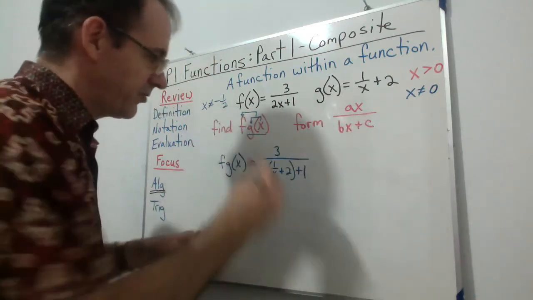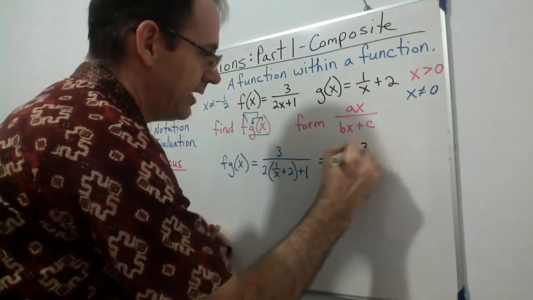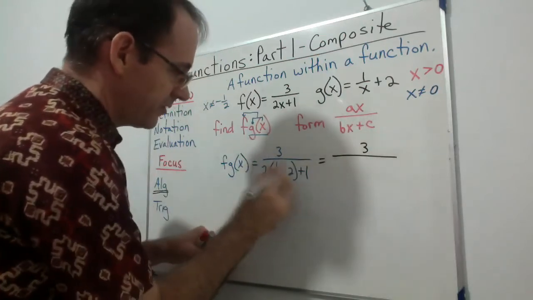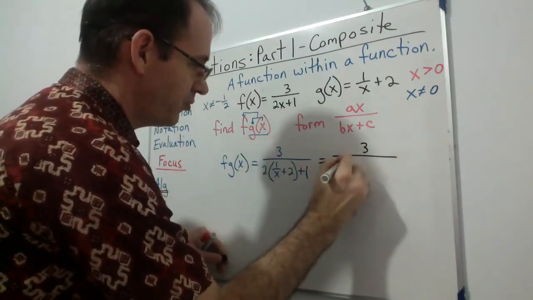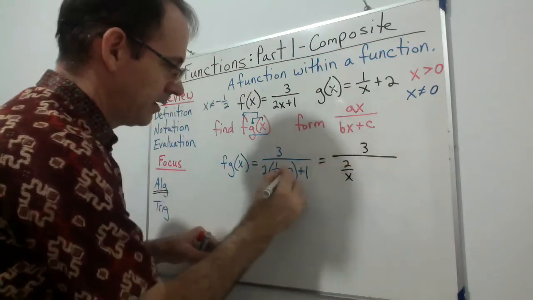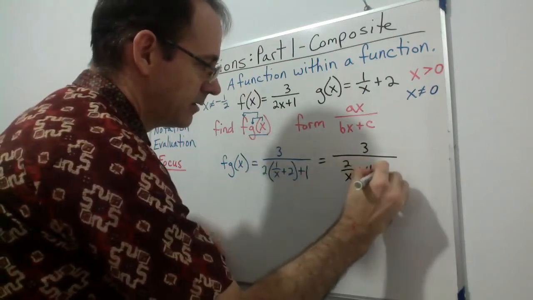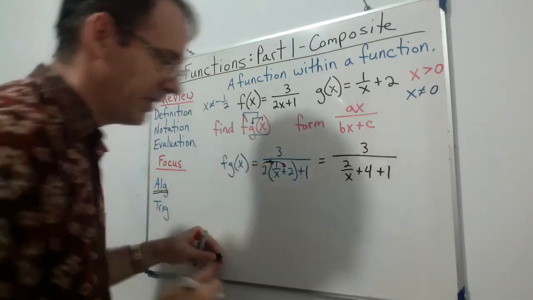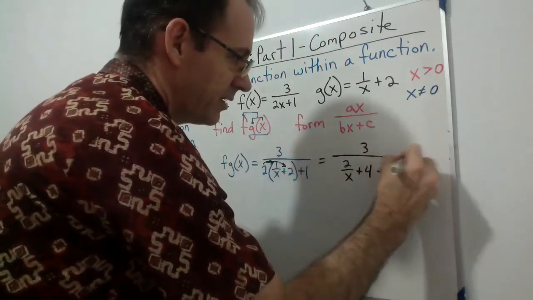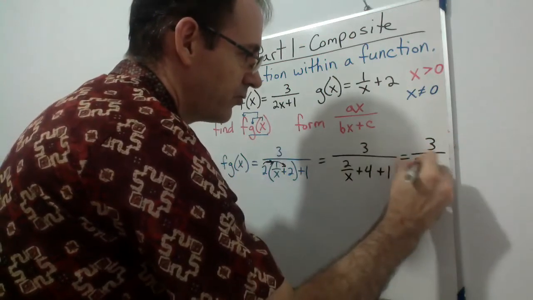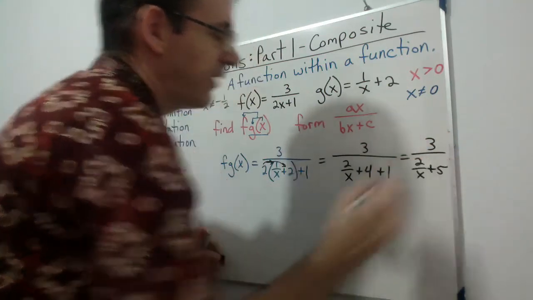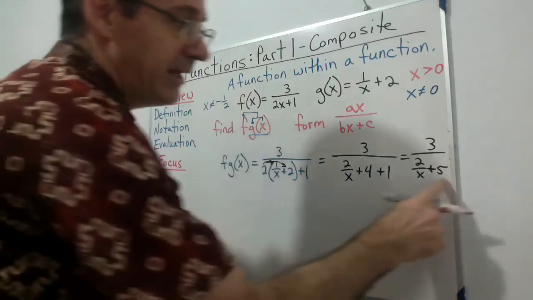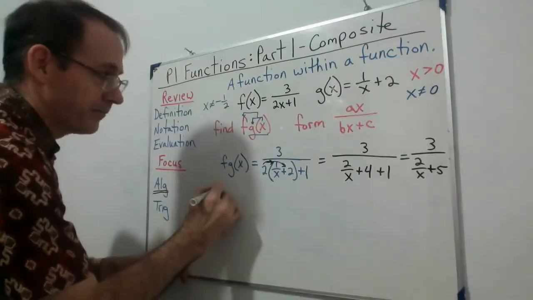So distribute the bottom, get 3 over this, distribute this, so we get a 2 over x plus 4 plus 1. So we distribute our 2 out in front. This then obviously becomes 3 over 2 over x plus 5. So we need to get a common denominator here.